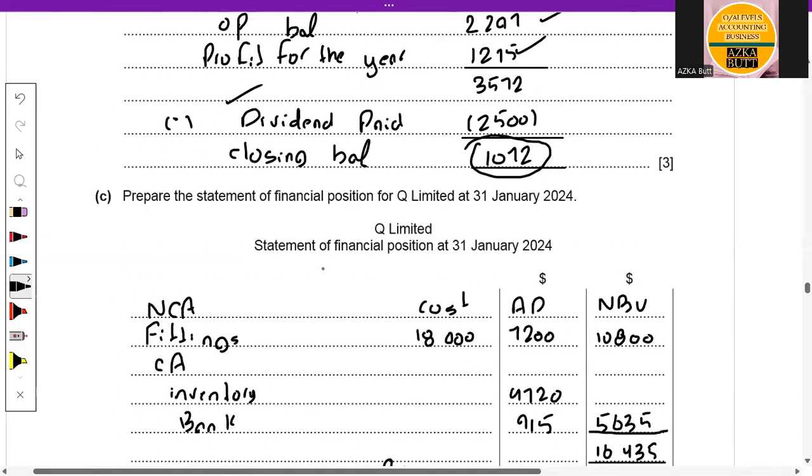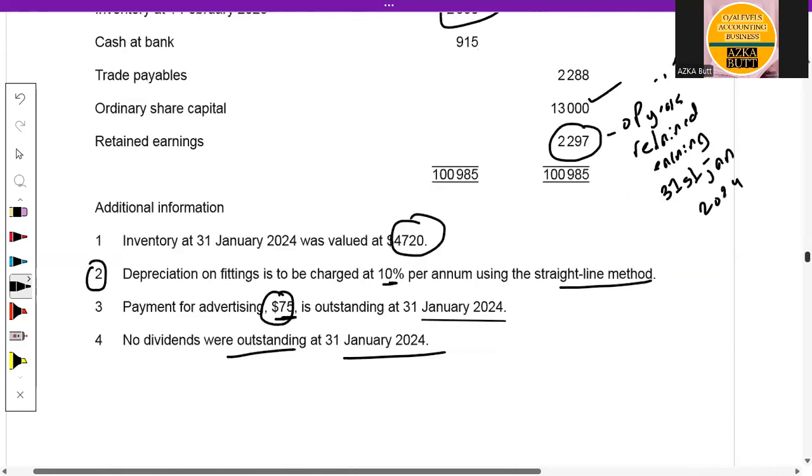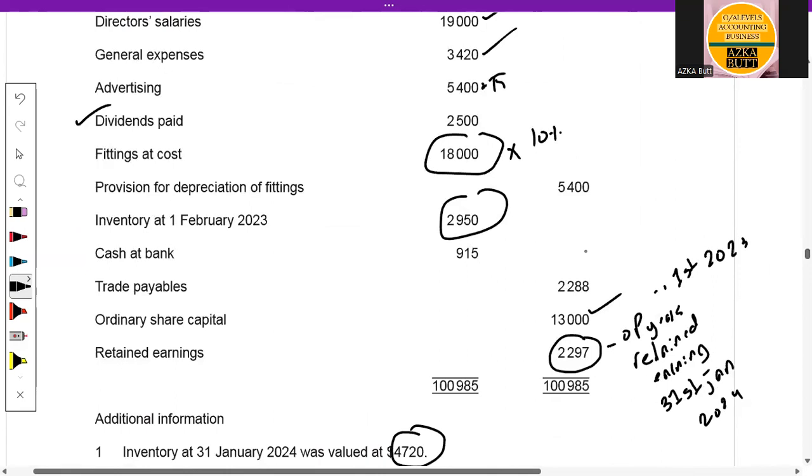Now we have to prepare the statement of financial position for Q Limited. First of all, we have the non-current assets. This is the cost. This is its accumulated depreciation. If you just see this one, yes, this is the provision. It means that this is the accumulated depreciation. These assets have depreciated till now with the $5,400 amount.